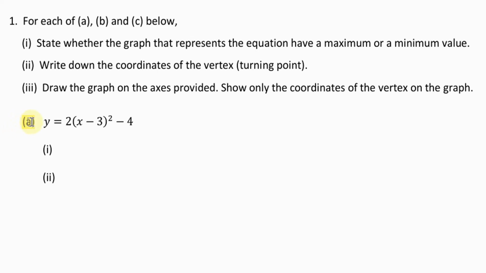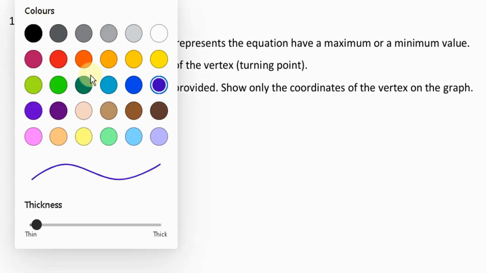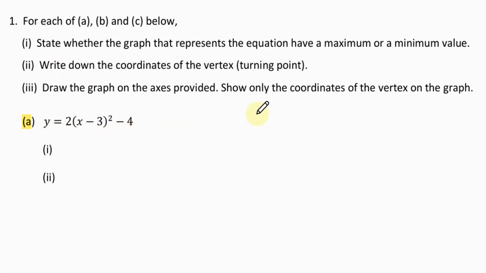So in A here, we have this equation. Now, you should note that this equation is in the form y equals a into (x minus p) all squared plus q. So the equation is in completed square form. And in number 1, we have to state whether the graph has a maximum or a minimum value.